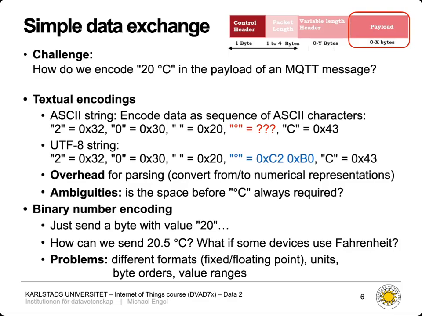And then, of course, just sending 20 is maybe also ambiguous again, because you don't indicate which unit system you're working with. So maybe you want to combine a European and a US American device, and your European device sends temperatures in centigrade, whereas your US-based thermostat that controls your heating expects temperatures in Fahrenheit.